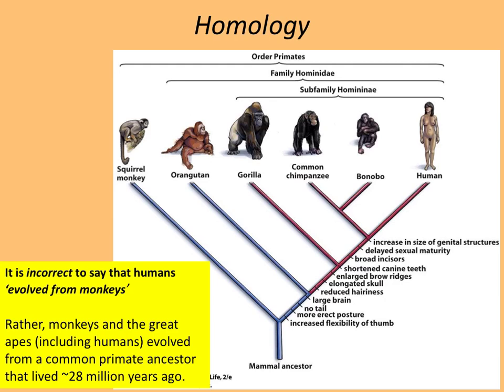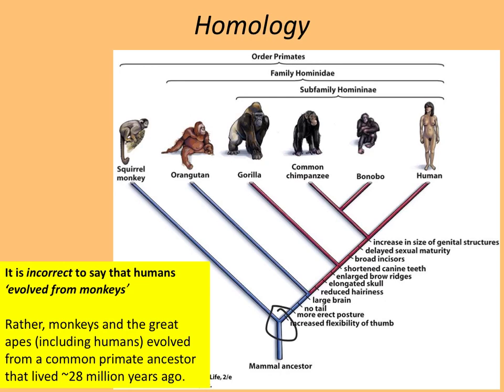Now, you can also see all these various individuals here, right? Different species. All great apes share a common ancestor right down here with squirrel monkeys. Okay? Now, no tail.